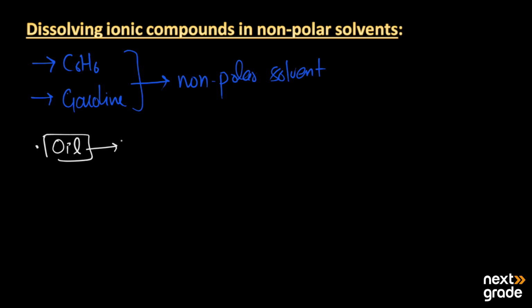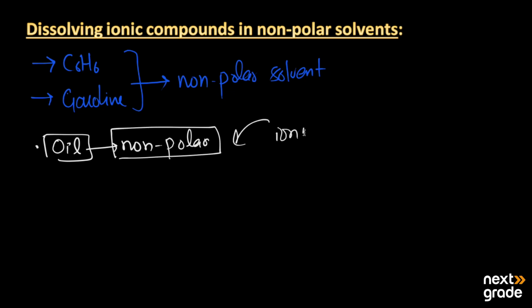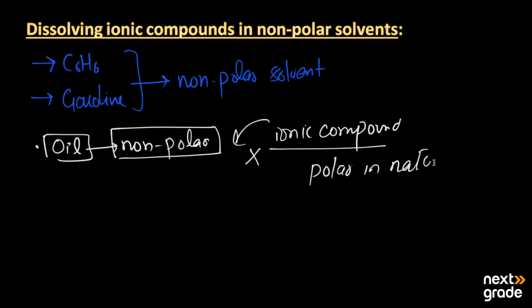Oil is also non-polar in nature. So when ionic compounds are added to it, they do not get dissolved or interact with the non-polar solvents, because ionic compounds are mainly polar in nature and they do not get dissolved in non-polar substances.